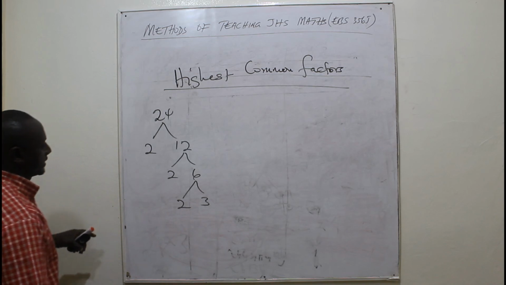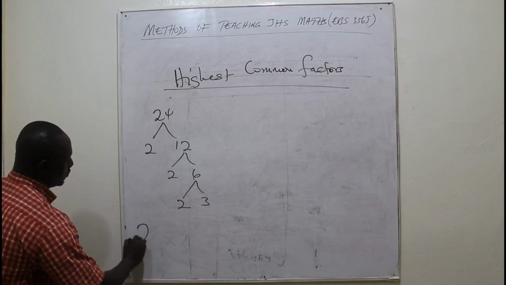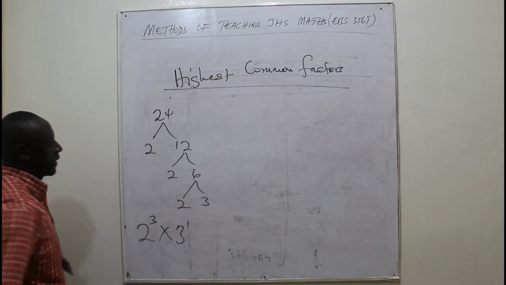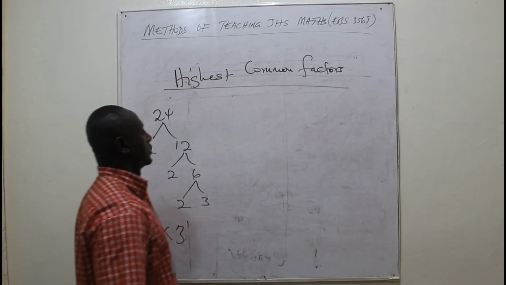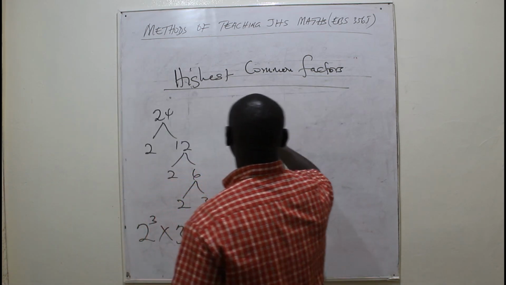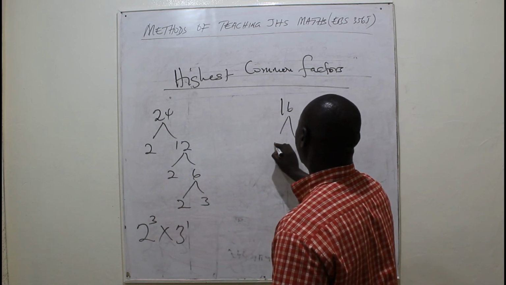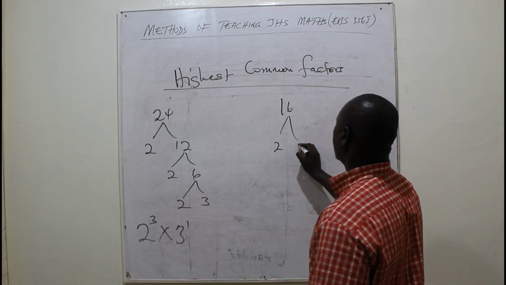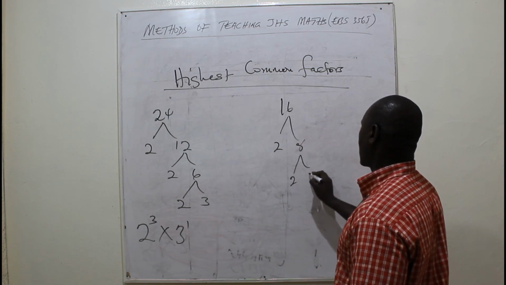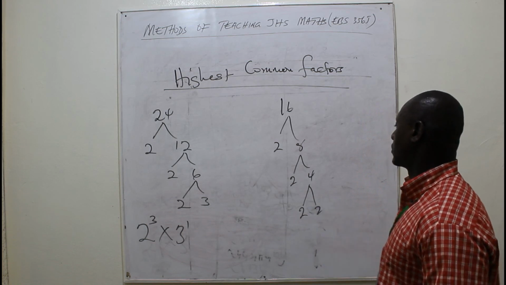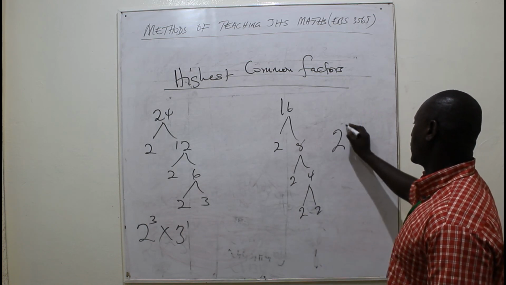So in effect, this is going to give you 2 exponent 3 times 3 exponent 1. Then let me look for that of the 16. So 2 times 8, 2 times 4, 2 times 2. And this one is giving me 2 exponent 4.